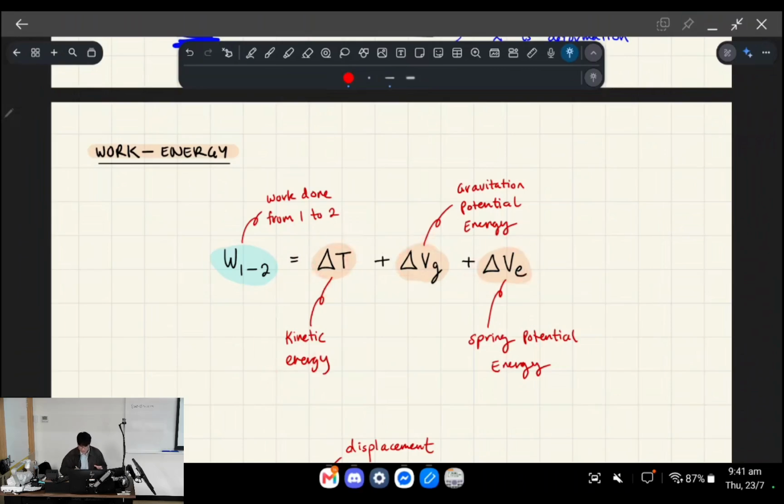The first component is kinetic energy, and kinetic energy is basically the energy due to motion of the object. And the second one is gravitational potential energy, which is based on how much energy it could potentially add to the system because it's been elevated from a datum.